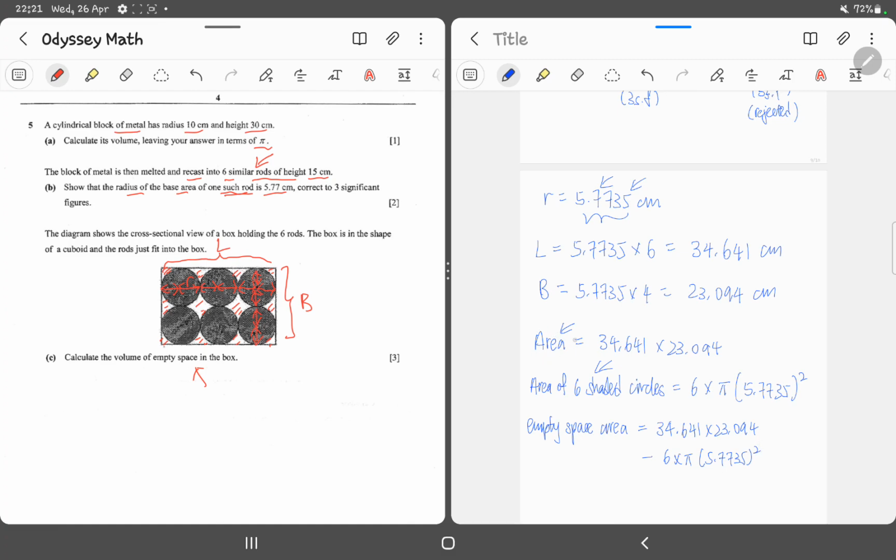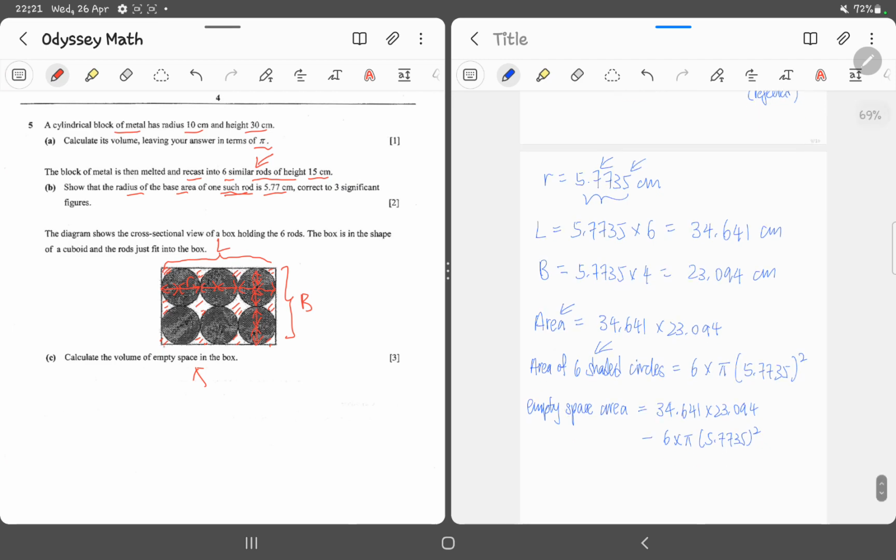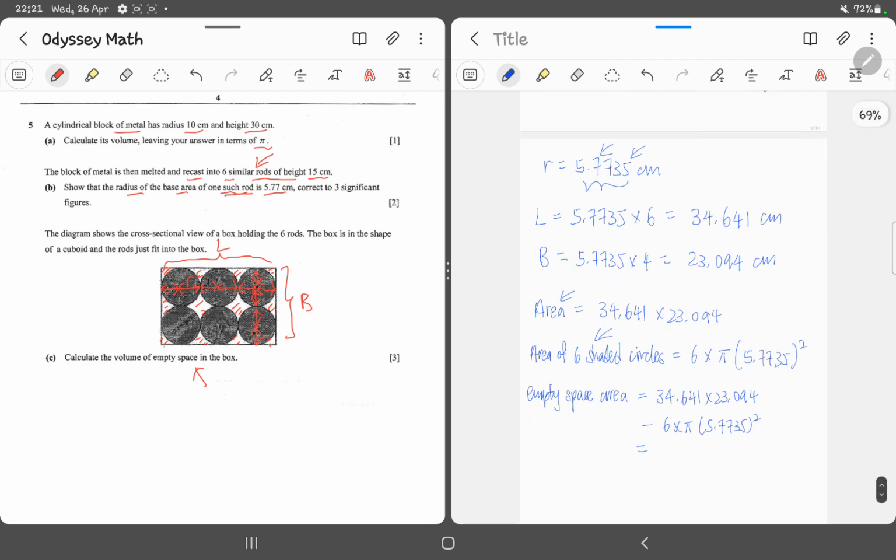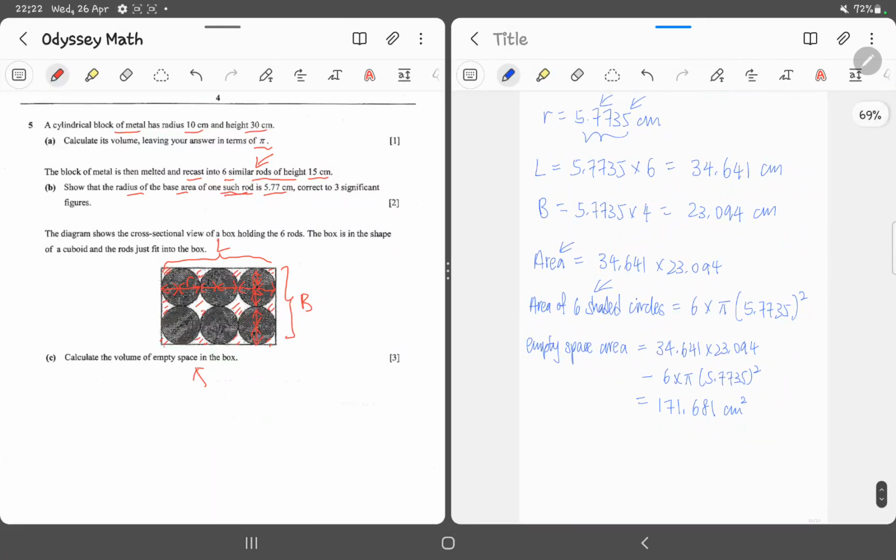This equals 171.681 cm squared. Because this is not our final answer, we don't have to round off to 3 significant figures yet.